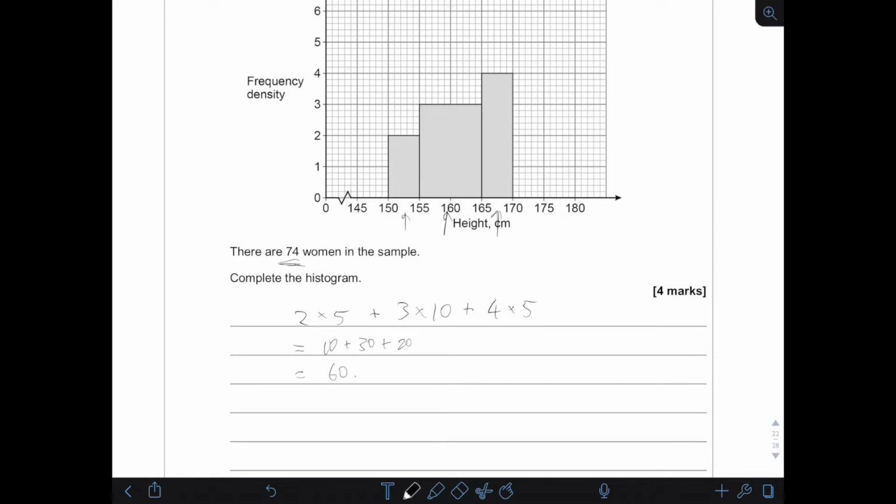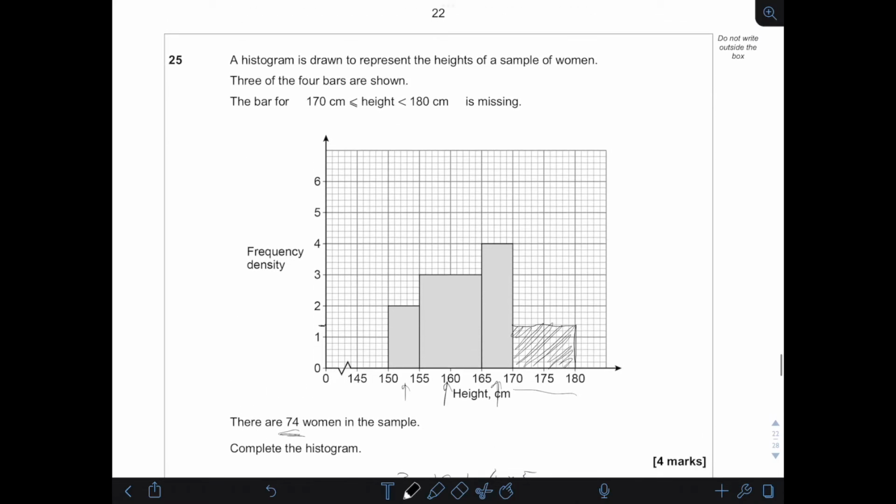So out of 74, we need to find the missing ones, which is 14 of them. The 14 of them need to be represented in a 10 wide space, which means that I need a height of 1.4. 1.4 is down here, which means that I just need to fill in something along this line, and that's as good as we can do it.